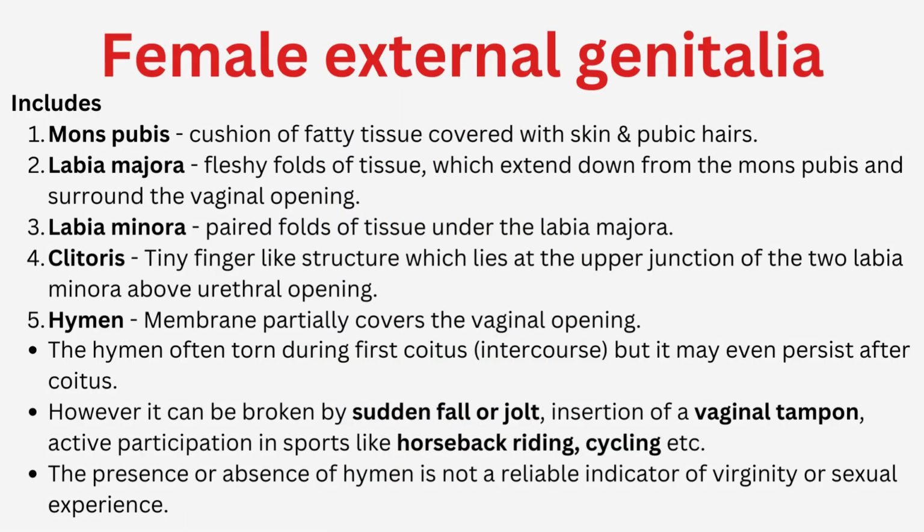The hymen is a membrane that partially covers the vaginal opening. The hymen is often torn during first coitus or intercourse, but it may even persist after coitus. However, it can be broken by a sudden fall or jolt, insertion of a vaginal tampon, and active participation in sports like horseback riding and cycling. The presence or absence of the hymen is not a reliable indicator of virginity or sexual experience.